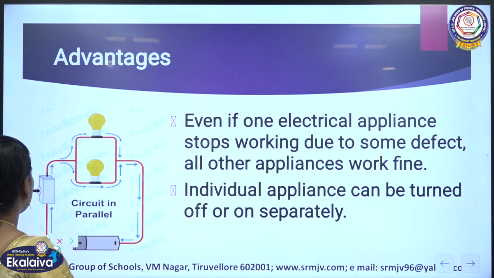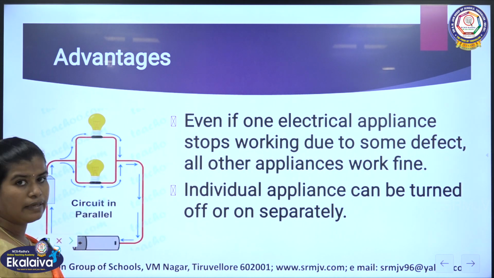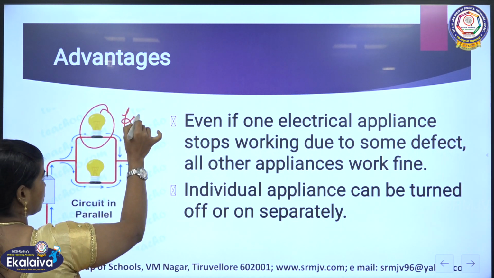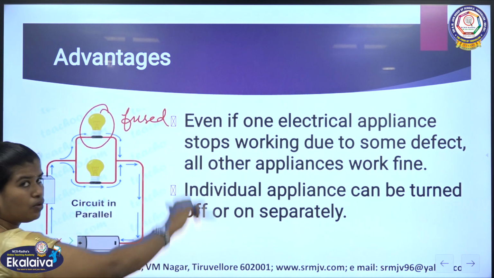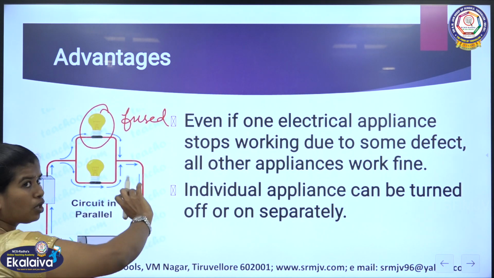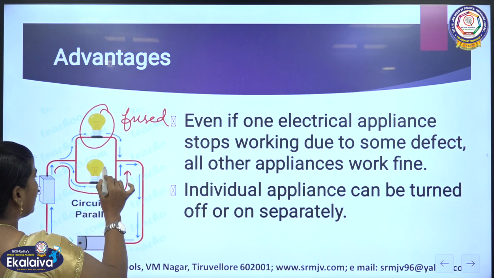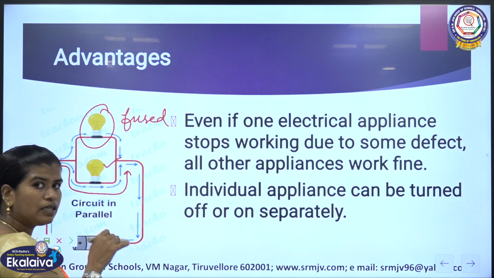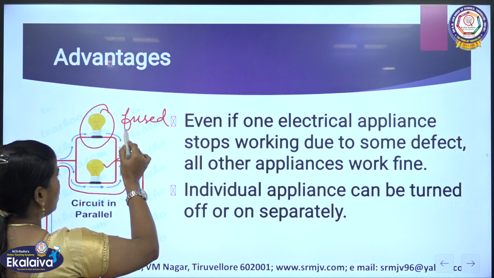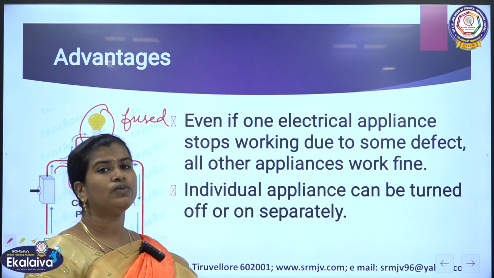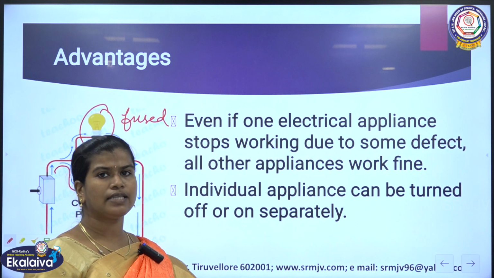So look at this picture, I have connected two bulbs in parallel. Suppose this bulb has fused or has a defect. What will happen? This will not glow, but the current has the other path to flow, so this bulb will glow. So it is very easy to find the defect also: the bulb which is not glowing has the defect.